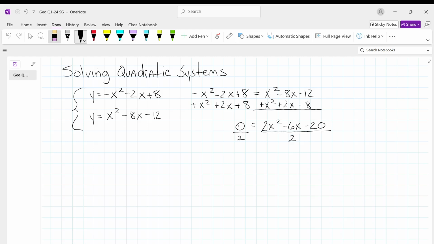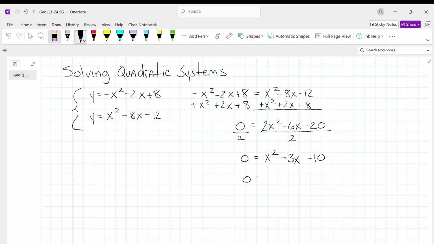And when you divide 0 by 2, you get 0. And then 2x squared divided by 2 is x squared. Negative 6x divided by 2 is negative 3x. And negative 20 divided by 2, well, that's negative 10. Now we got a trinomial that we can factor.